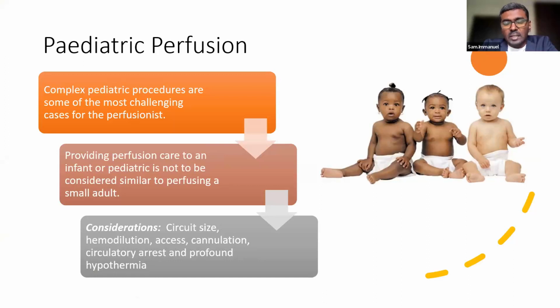Why? Because the circuit which we are going to select, the hemodilution factor, the access, the cannulation, what type of surgery we are going to undertake, and what strategy we need to plan has to be pre-decided by the entire team.